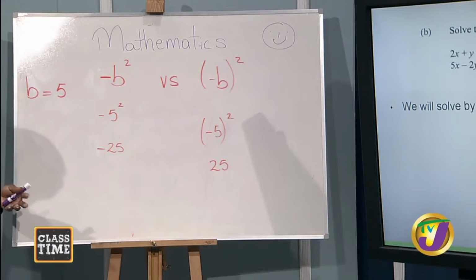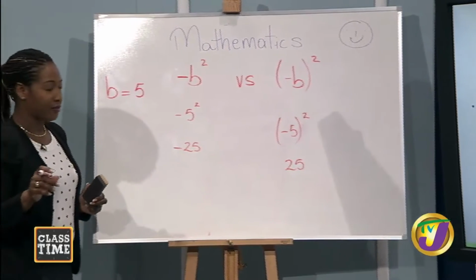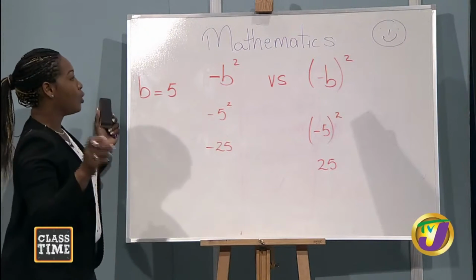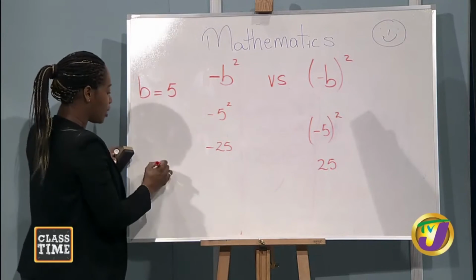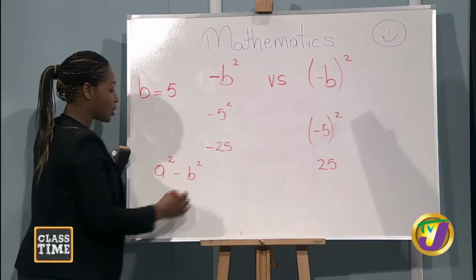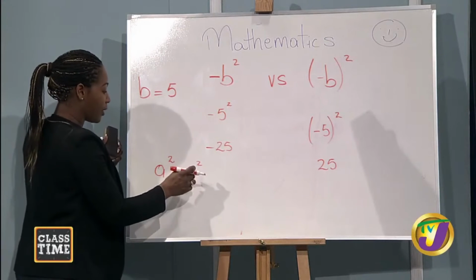Why are we back here? Because the previous question that we did, the answer was 5. It was 5, yes. 9 subtract 4 was 5. Because of how the question was, it was A squared subtract B squared. That means I would have squared it.